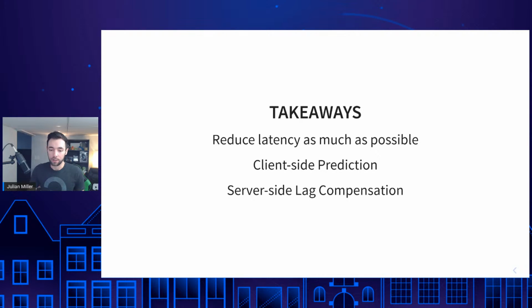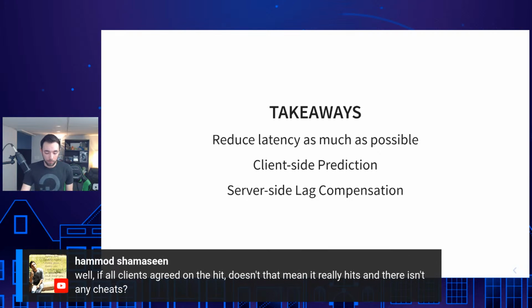If all clients agreed on a hit, doesn't that mean it really hits and there isn't any cheats? Yeah, so that's another thing you can do. That's actually in one of the games I worked on in the past. We did something similar to that for the peer-to-peer connections, and in most cases it does work well. But then you run into an issue of what happens if not all players agree on the hit. You could have one bad actor that always says hits never hit unless it's their own hit.